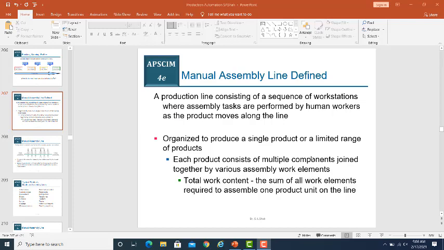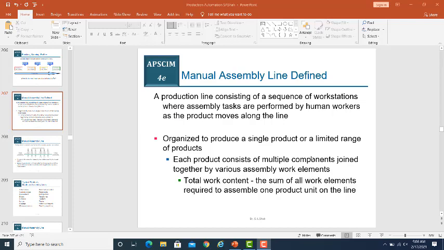For example, if you want to join these two parts with the help of a nut and bolt, that is a single operation in which you use a bolt and a nut to fasten the two parts.